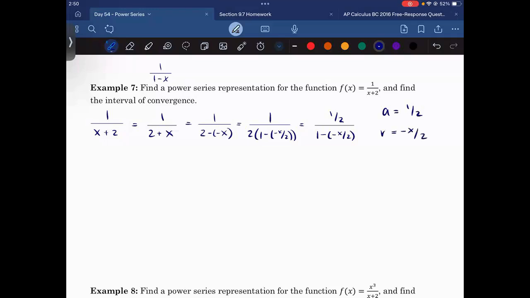So this is just some math magic. I'm just manipulating it to get it into the format that I want. So I basically just took it, factored out a 2, and kept going until it looked like my formula that I wanted.